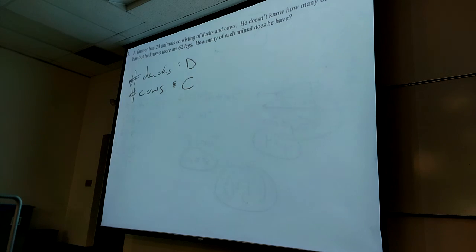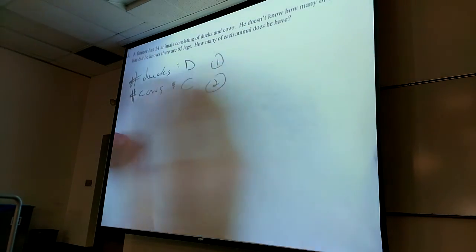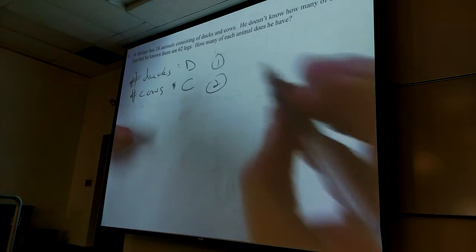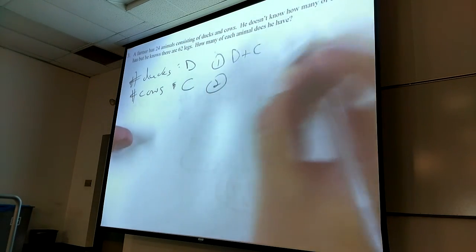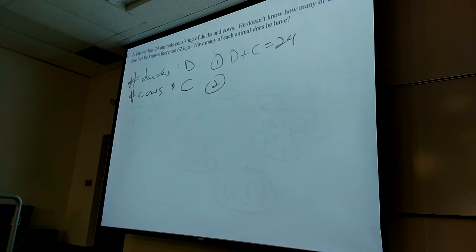If D is 7, I've got 7 ducks. So there are 2 equations they've told me. The first sentence is an equation. What's the equation? D plus C is 24.